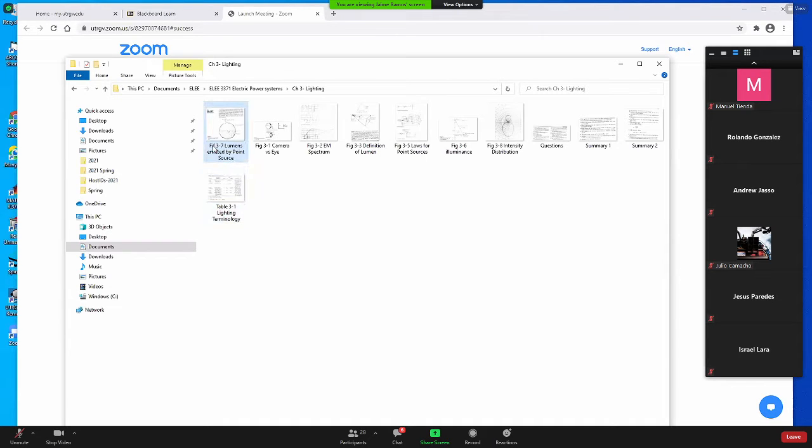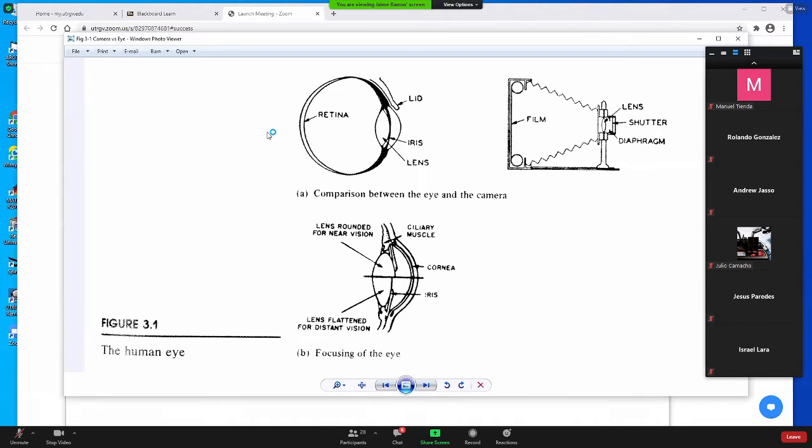And this one, it says, let me hold down here. Okay, so we start with figure 3.1. Okay, so this is figure 3.1 of the book.